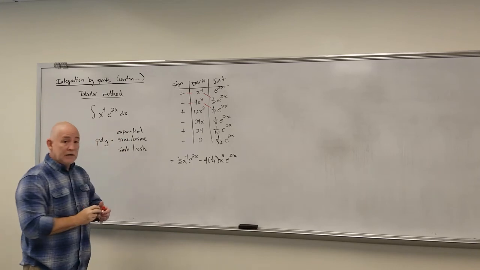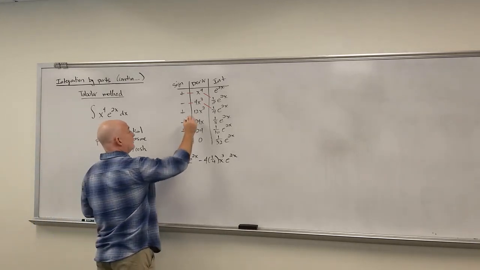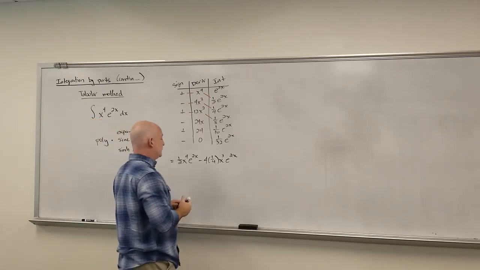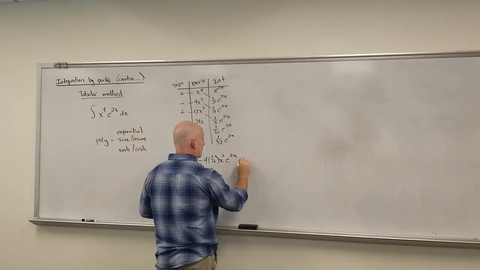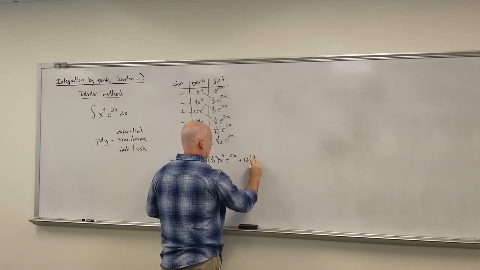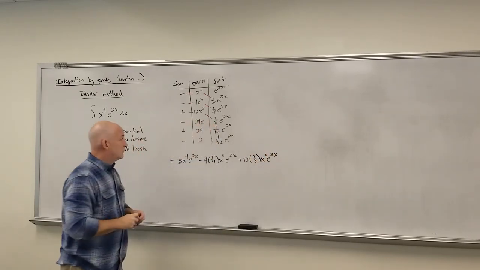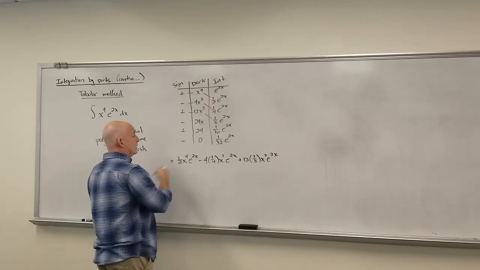All right, and we keep going down till we get to a 0. So it's going to be plus 12 times 1/8 x squared e to the 2x. You see this one's going to be kind of long.